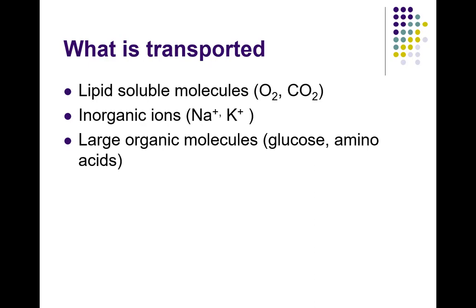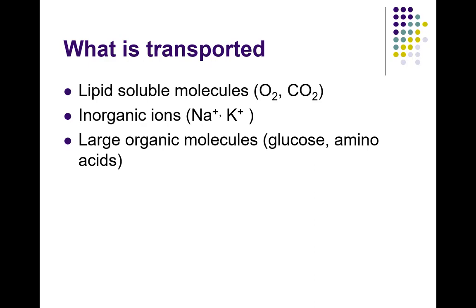So now it's considered a polar molecule. Polar molecules cannot go directly through the plasma membrane because those lipid tails that are sandwiched in between are going to prevent them from passing through, because they are not attracted to that charged particle. So even though they're small, they can't go directly through that phospholipid bilayer.